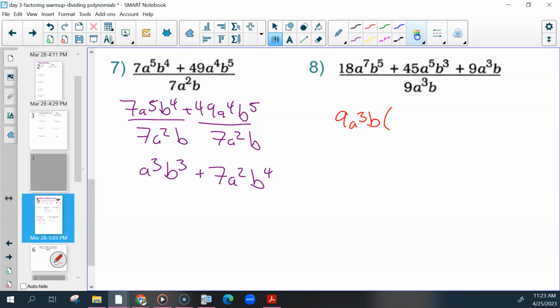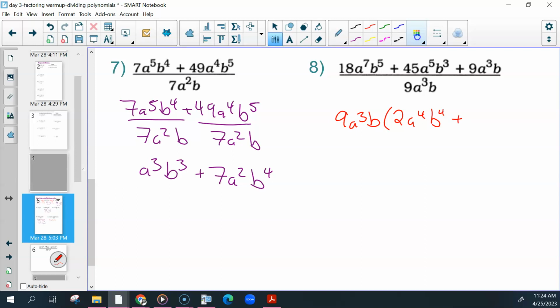What would be left there? B to what power? B to the fourth, the first one.